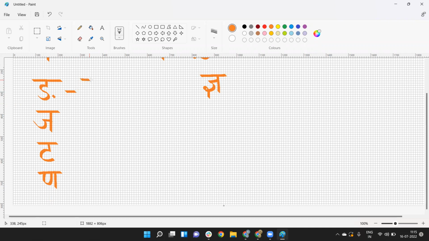I'm writing them in Sharada lipi now. This is letter Na in Sharada lipi. Now when we are using matra A with it, we will not use the basic matra, how we learned last time. We will not be using it like this.